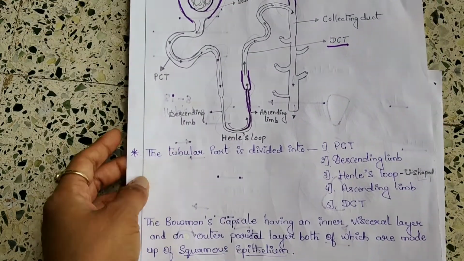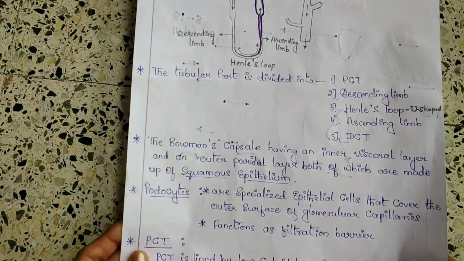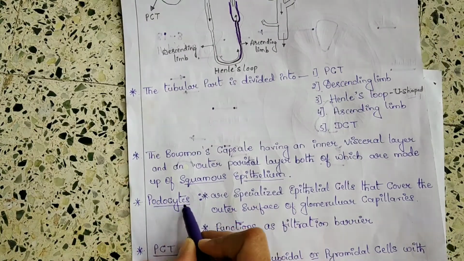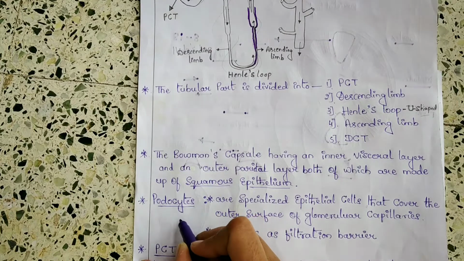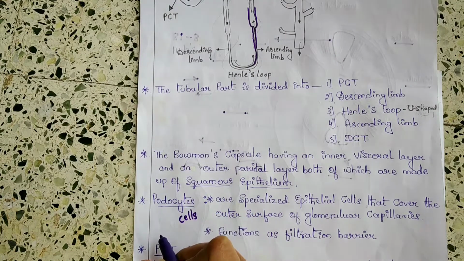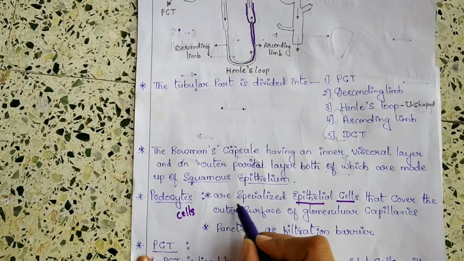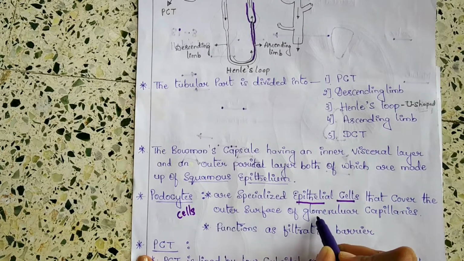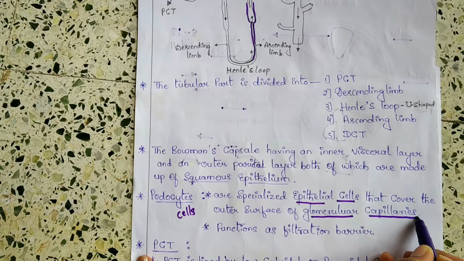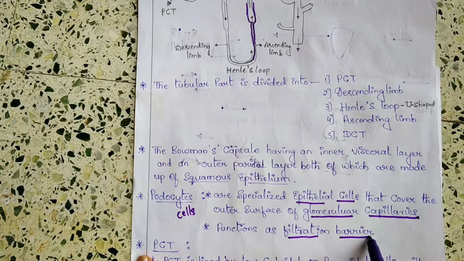Now there are some more terms to explain. That is podocytes. Whenever you hear the word ending in cytes, cytes means cells. Podocytes are specialized epithelial cells that cover the outer surface of the glomerular capillaries and function as filtration barriers.